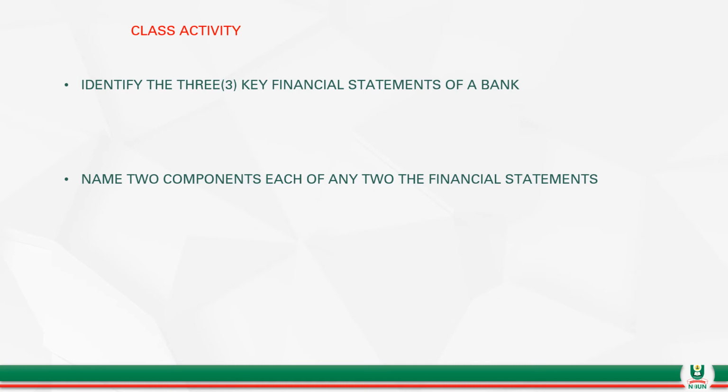And finally, we've also identified the cash flow statement or statement of cash flow. So students should be able to identify 3 of these key statements. And again, students should be able to state 2 components of each of the financial statements as identified now.